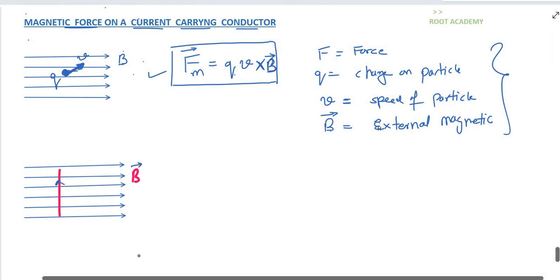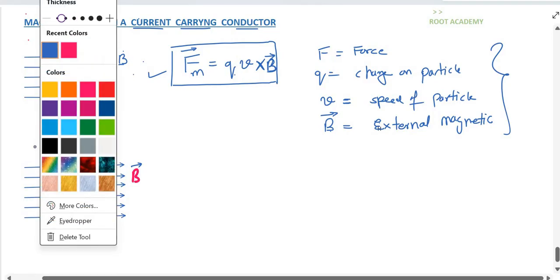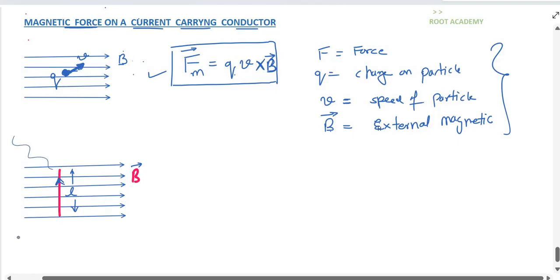Suppose this wire has some current flowing in it. The length of the wire is L. Maybe this wire is connected to some cell which is not shown in the diagram for simplicity.